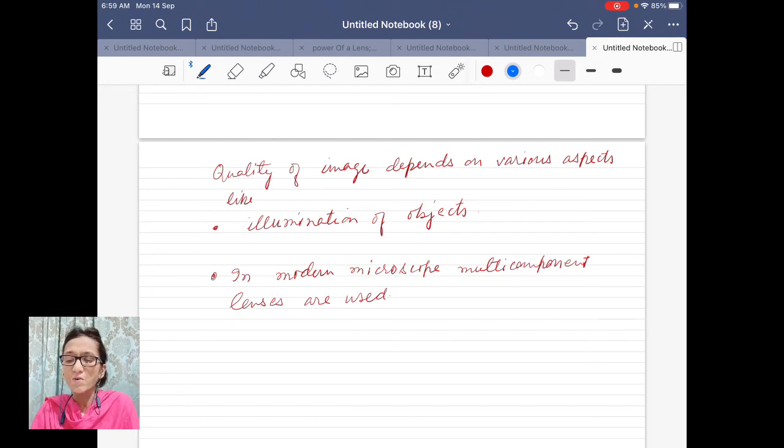And if you are using multiple components of lenses for objective and eyepiece, like you are not using a single lens, then also the quality of image can be improved, as all kinds of aberrations like chromatic aberrations, all kinds of defects in the image can be removed by using multiple components of lenses.